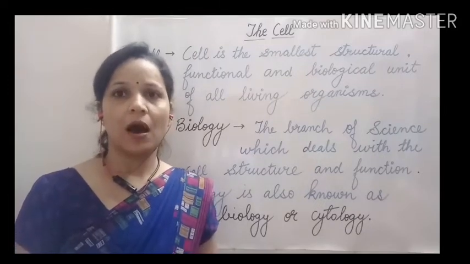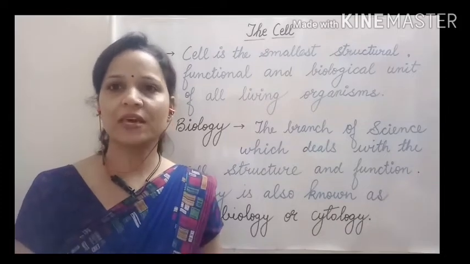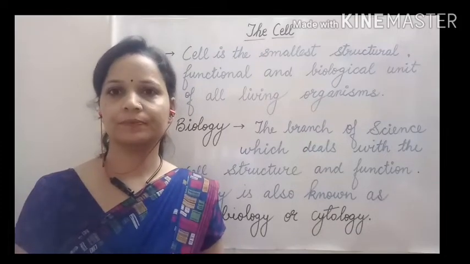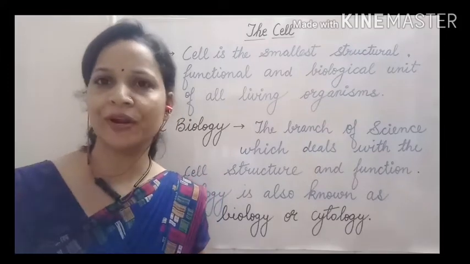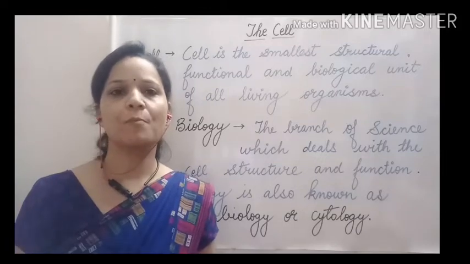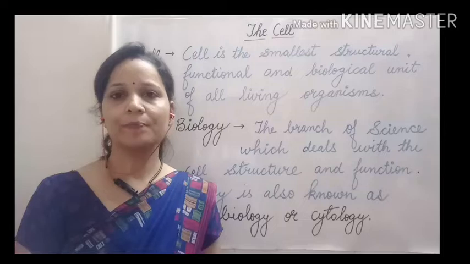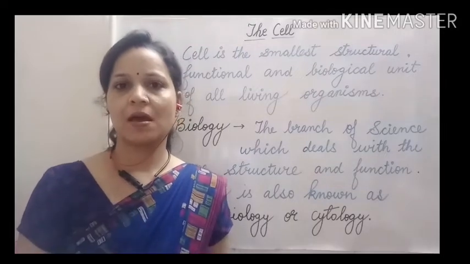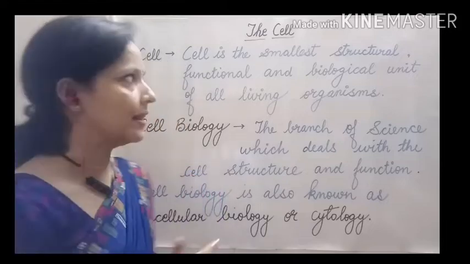Everything around us is made up of some basic units, or we can say building blocks. Our body is also made up of basic units. So all living organisms are made up of some building blocks, and these basic units are known as cell.